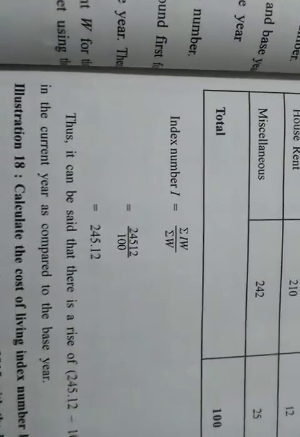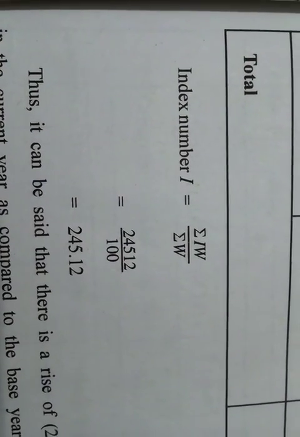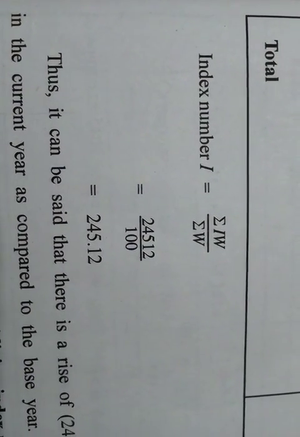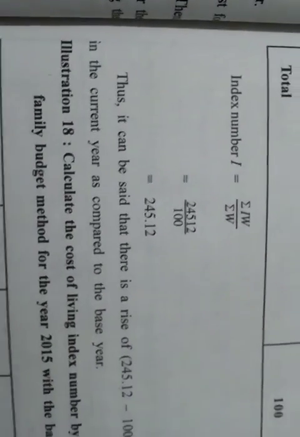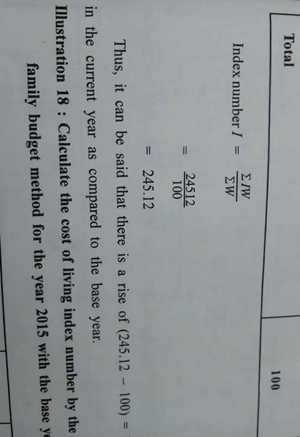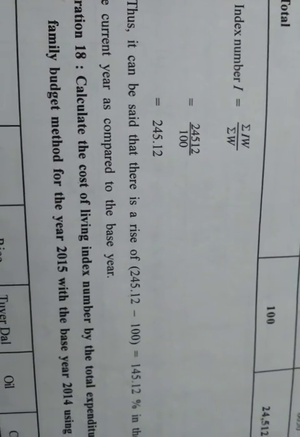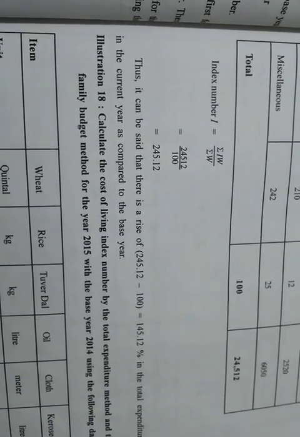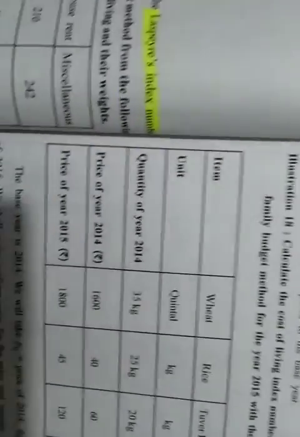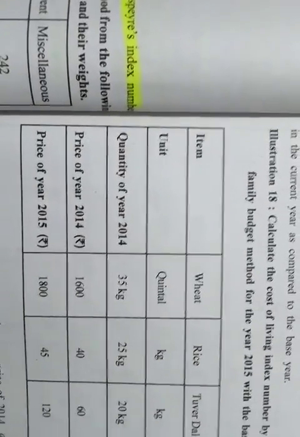The formula is index number equals sigma IW upon sigma W, 24,512 upon 100, which is 245.12. So again, what is the difference? 245.12 minus 100, it is 145.12 percent, the rise in the total expenditure of the current year as compared to the base year. So that is a very simple question based on the formula sigma IW upon sigma W.